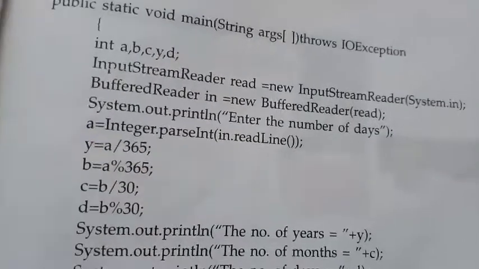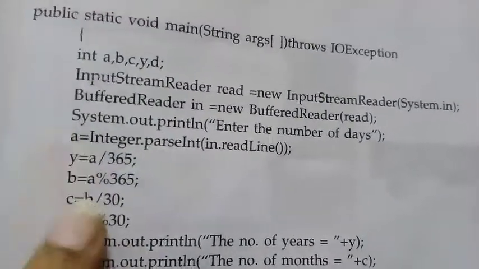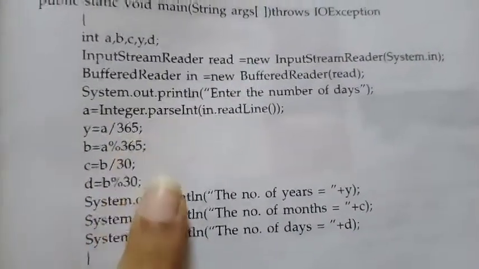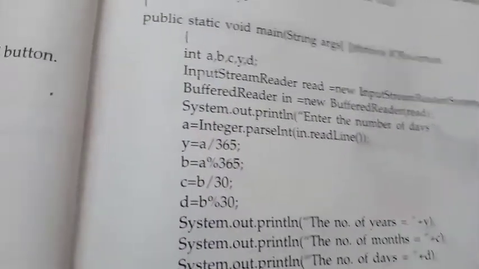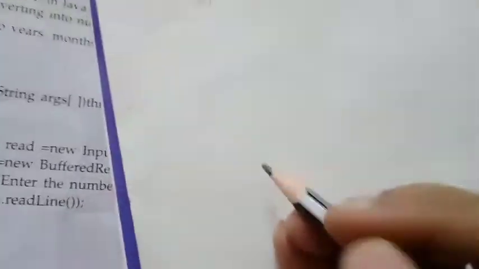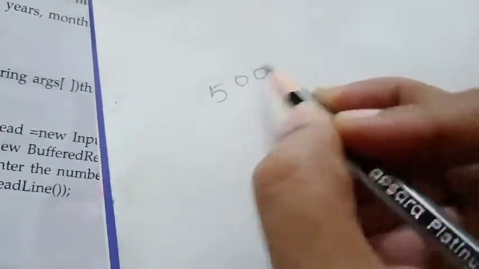So a will be having the total number of days the user has given, then y is equal to a divided by 365. Wait, I will show this with an example. Suppose we have a number, keep it as 500.